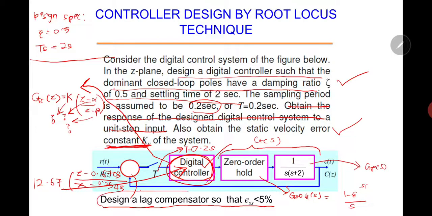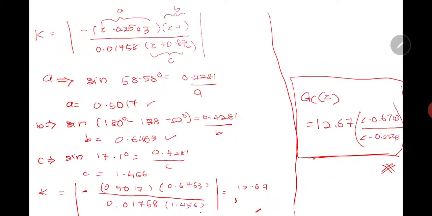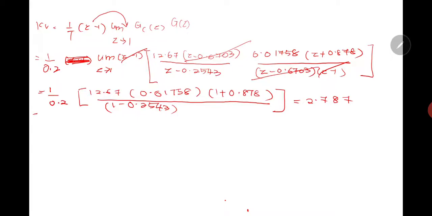We are left with the last part: design a phase-lag compensator so that the steady state error, with respect to unit ramp input, is less than 5%. Once we have KV, we first check whether the steady state error is already less than 5%. If it is, we don't have to design a phase-lag compensator.